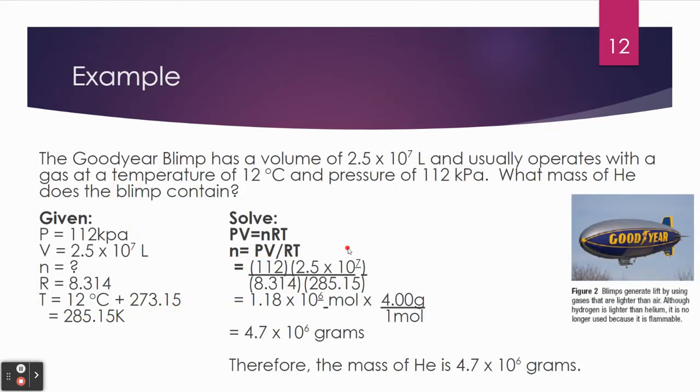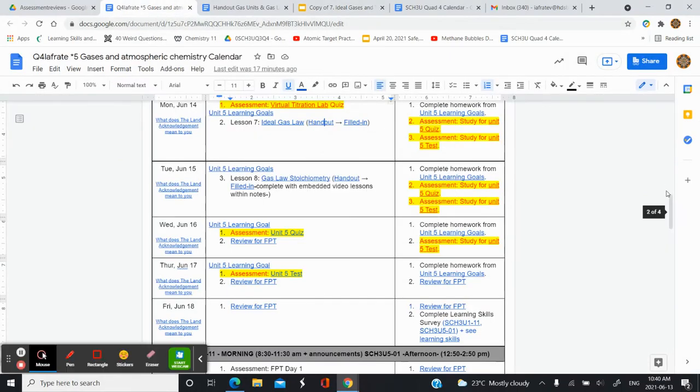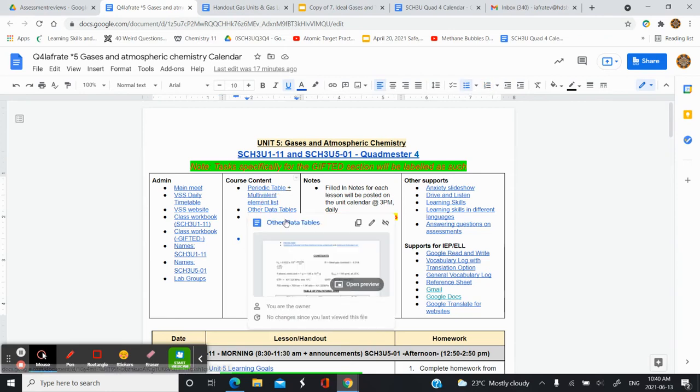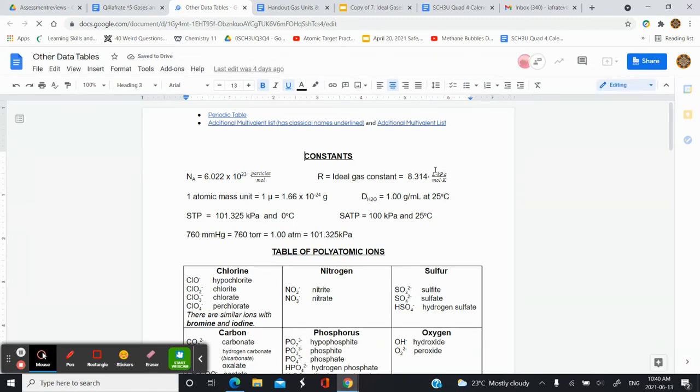So we'll do a few examples together. Before we do that, though, I just want to point out a couple of things about the gas law data tables. We have the ideal gas constant here, along with the units as well. So if you forget the units, you can come back and take a look at it over here.